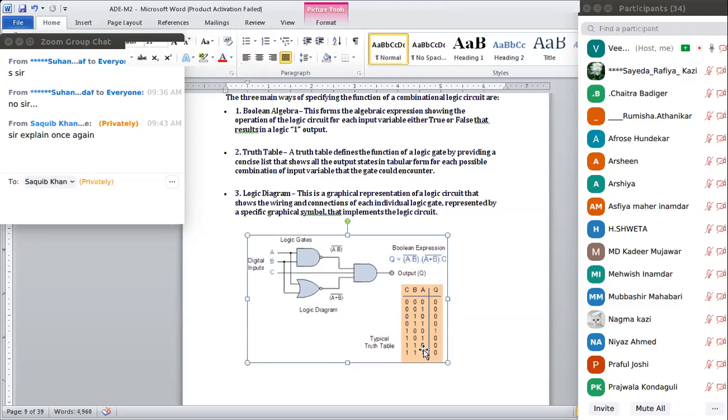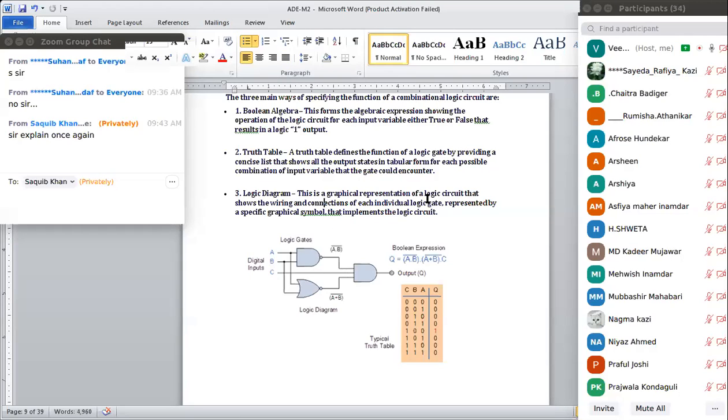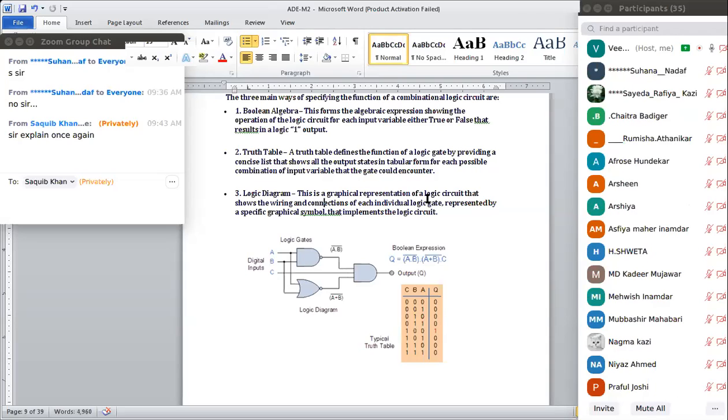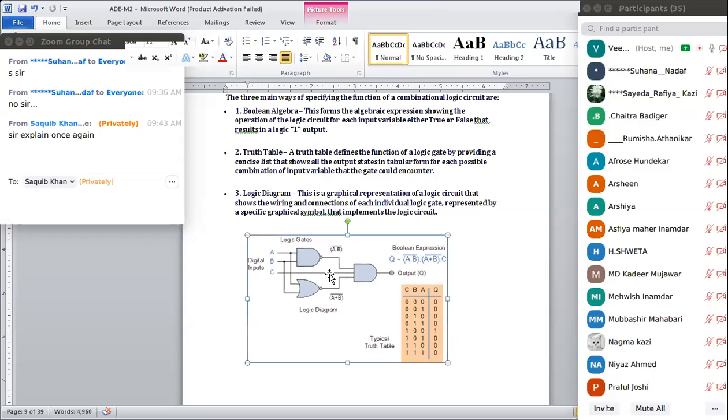And then a logic diagram, which is a graphical representation of a logic circuit. It shows the wiring and connections of each individual logic gate, represented by specific graphical symbols.